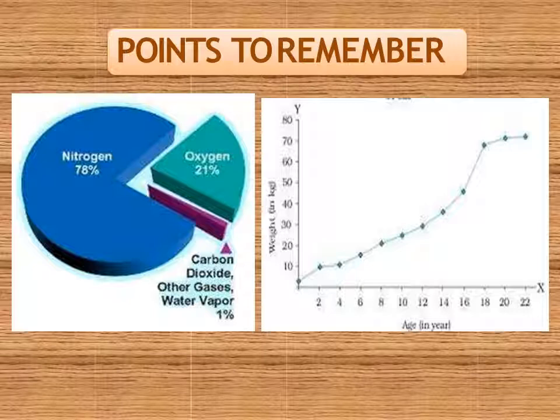Similarly, this can be done for speed also. For example, instead of kilograms, if you take this as kilometers, 10 kilometers, 20 kilometers, 30 kilometers, 40 kilometers, and this as time, 2 minutes, 4 minutes, 6 minutes, or 2 hours, 4 hours, 6 hours, 8 hours, 10 hours, in the same manner.